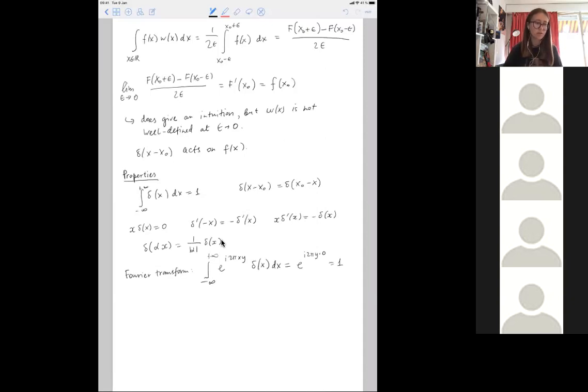And this also tells us that the inverse Fourier transform of the identity, of the 1, would actually give us exactly the delta function. So this is also another way to represent the delta function.